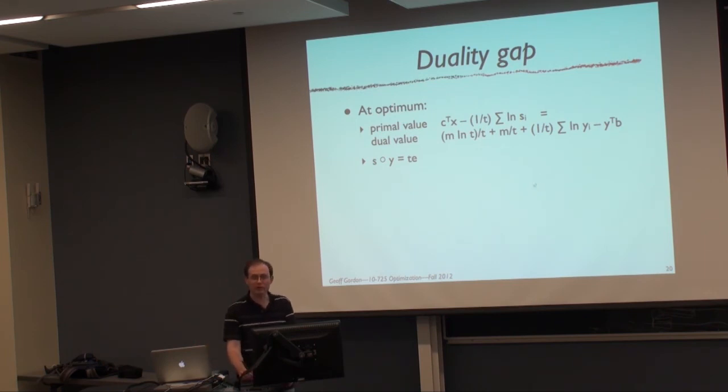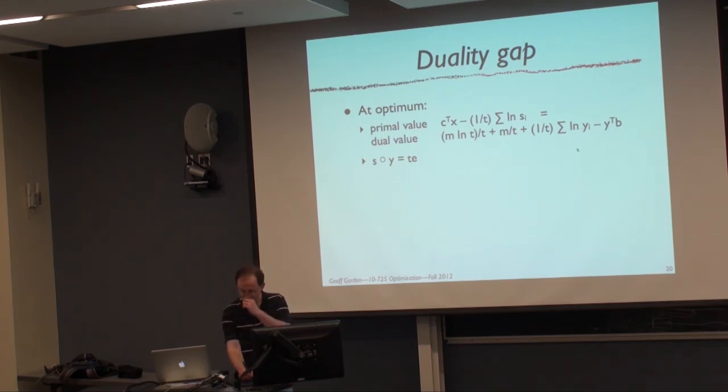So at the optimum, one of the KKT conditions is that the primal value has to equal the dual value, right? So the primal value was c transpose x minus 1 over t sum of the log slacks. The dual value was this constant plus 1 over t sum of the log variables minus the linear part of the objective.